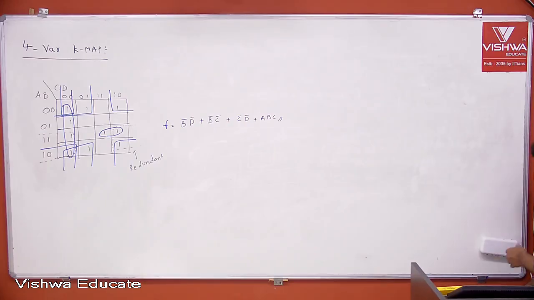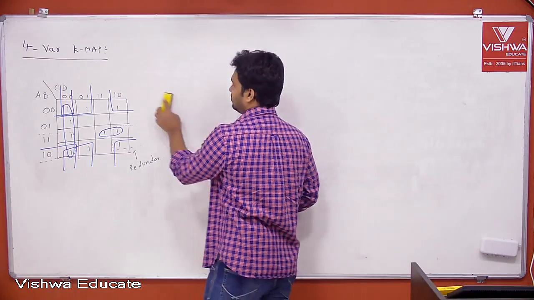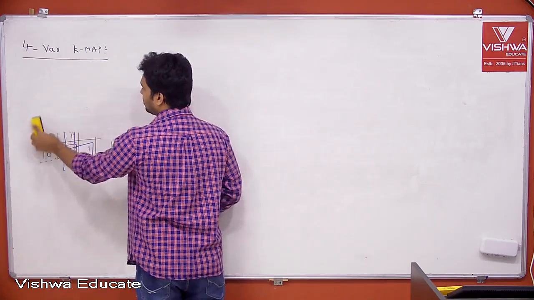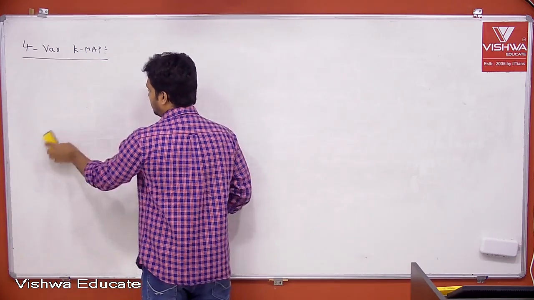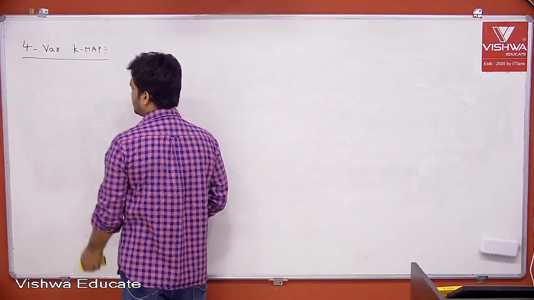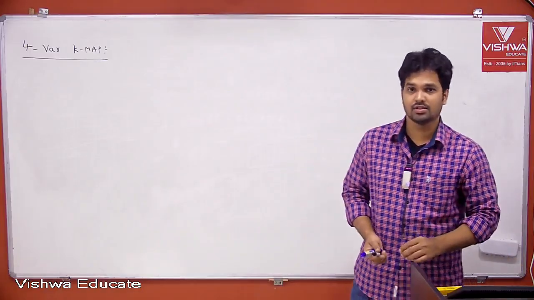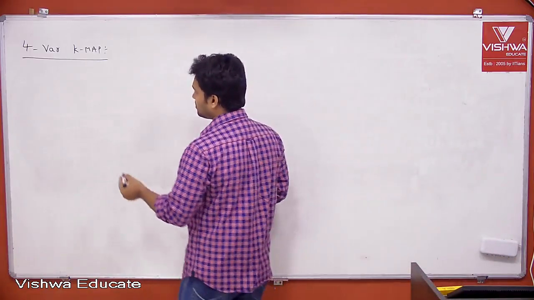Right. Next. Please take the question, write down the question. Minimize the function. Minimize the function f of ABCD. I'll write also, please write.